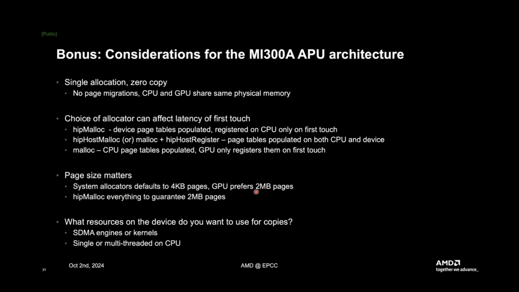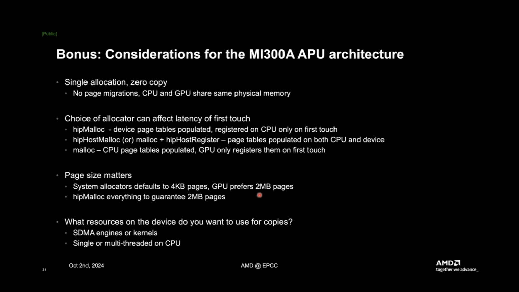Page size will matter. The GPU prefers 2 megabyte pages because of the size of the translation lookaside buffer. When you use system allocators, the page sizes are very small, and the entries in the TLB have to be constantly loaded and reloaded because you cannot fit information about so many small pages.